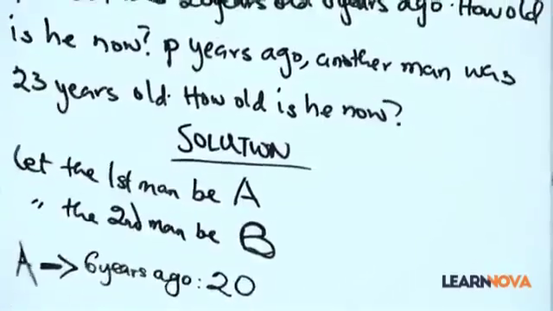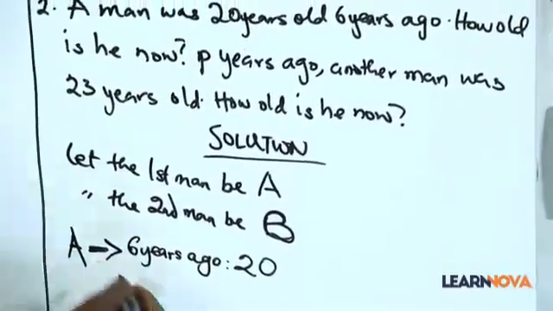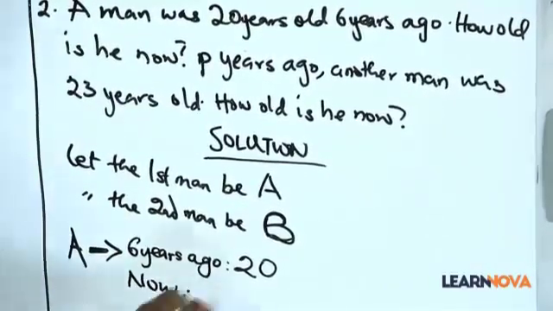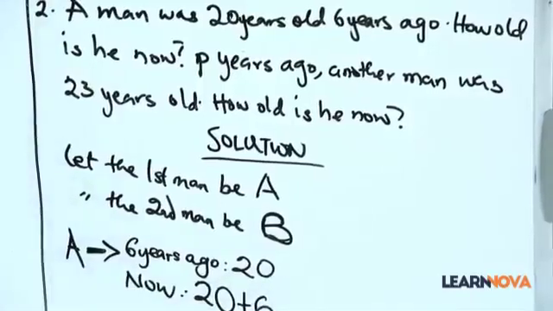So how old do you think he'll be now? All you just need to do is say his age of 6 years ago, which is 20, plus 6. For instance, right now you are 12 years.